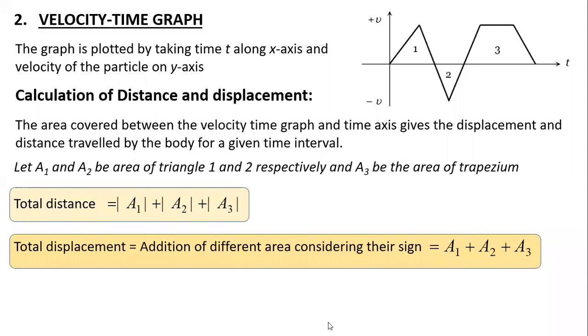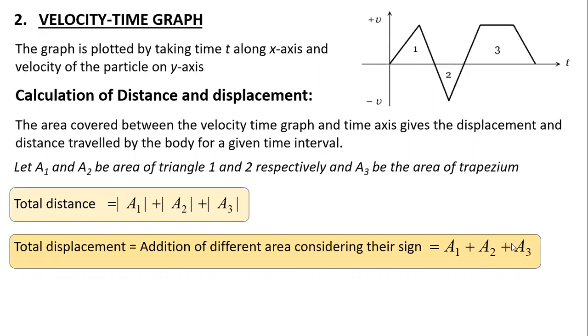No, Satvik, I just wrote A1 plus A2 plus A3 over here to show that it is independent of the modulus, just that representation. Once you substitute the values of A1, A2, A3, they will come along with the sign. So the A1 answer I get is positive, the A2 answer I will get is negative, and the A3 answer I will get is positive again.